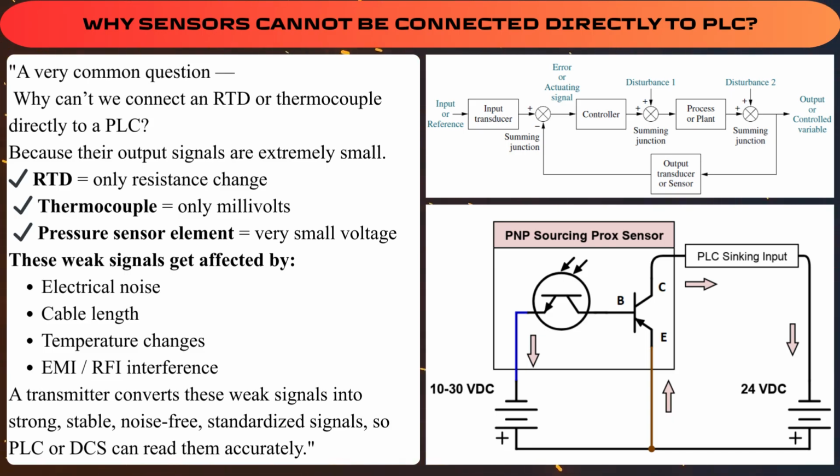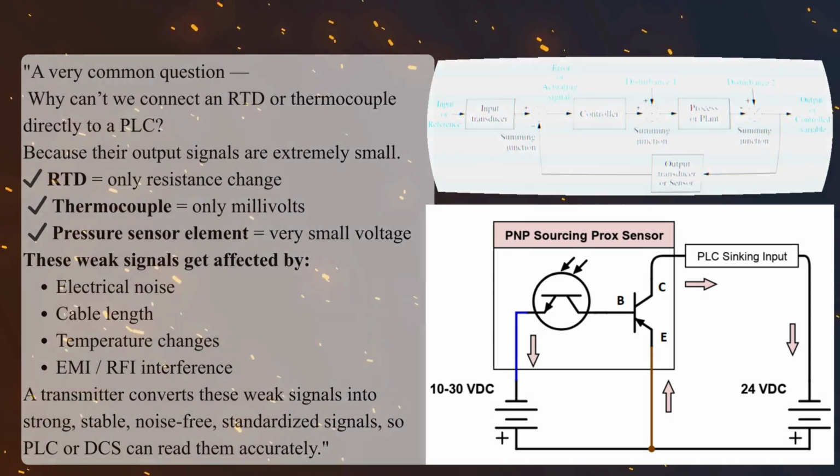Pressure sensor element gives very small voltage. These weak signals get affected by electrical noise, cable length, temperature changes, EMI and RFI interference. A transmitter converts these weak signals into strong, stable, noise-free, standardized signals so PLC or DCS can read them accurately.